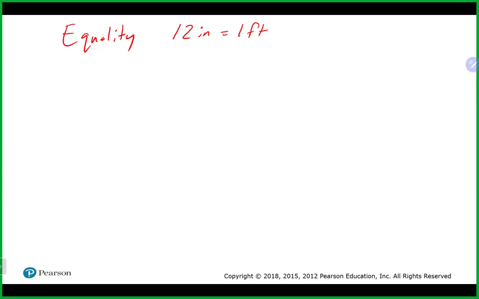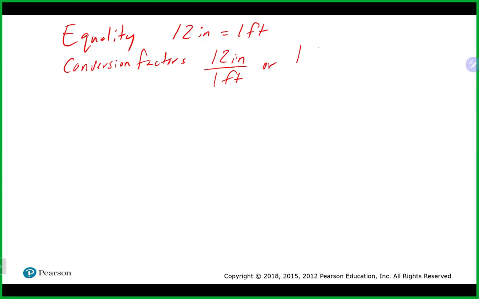And regardless of what type of equality you're dealing with, you can always write two conversion factors from any equality. As we talked about, conversion factors are pretty much just fractions. To write them, we put one of the units up on top, like 12 inches, and the other unit on the bottom, like 1 foot.